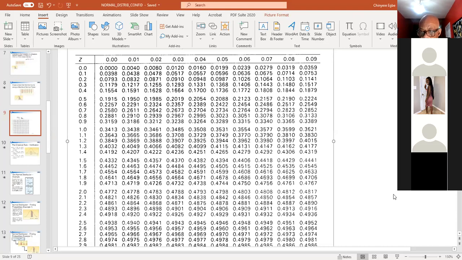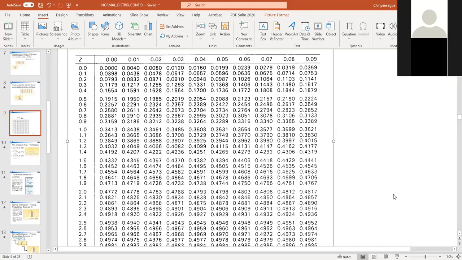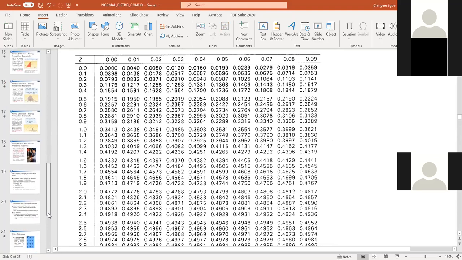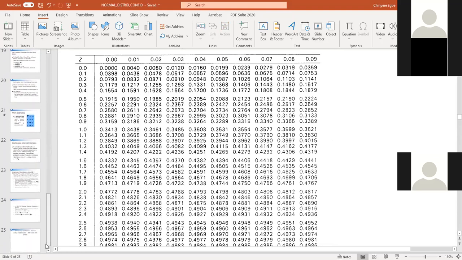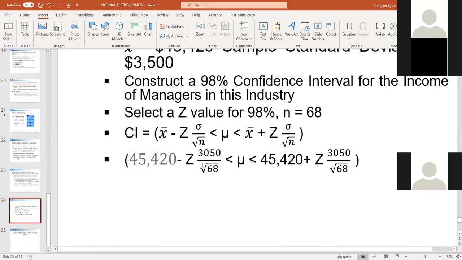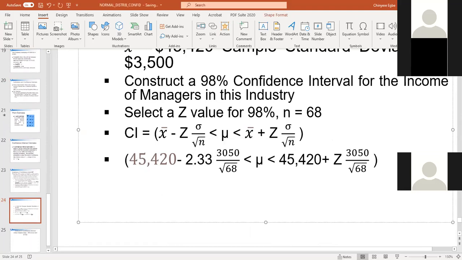Yeah. Dutch, do you get it? Deji? Yes, sir. Do you see why it is 2.33? Yeah. 2.3 and 3 on that side. You see that? Good. And so we go in here and say 2.33.